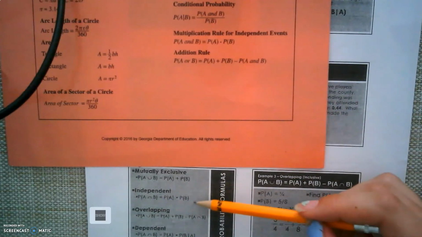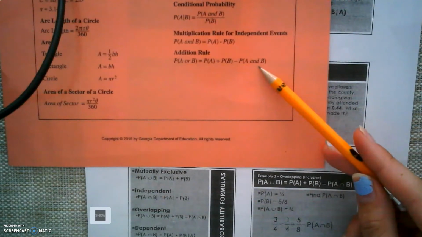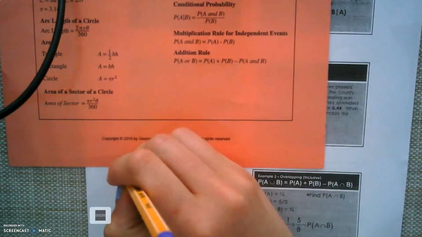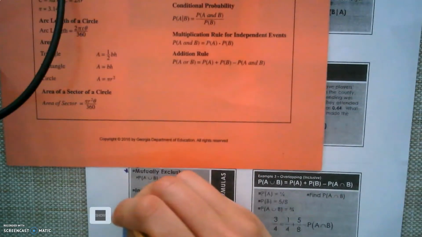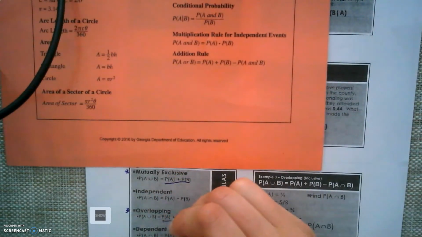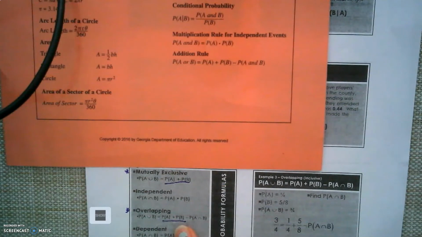And the other one is the addition rule. The addition rule is for mutually exclusive, because if it's not overlapping, we still have that same part of that formula. So these 2 formulas actually start off the same. It's just if it's overlapping, we swap out that intersection.